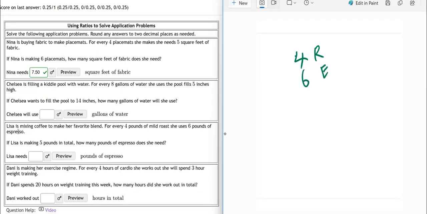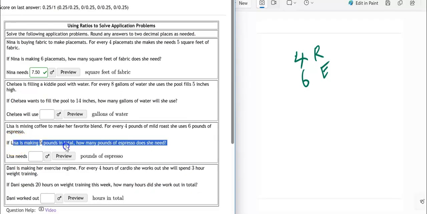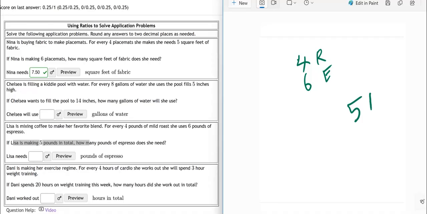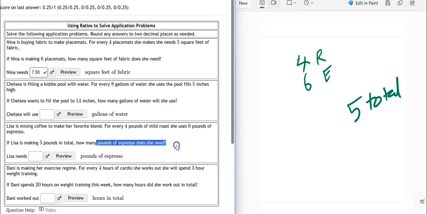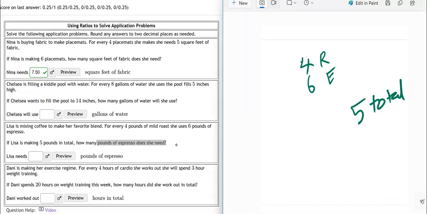R is roast and E is espresso. If she's making 5 pounds in total, the question asks how many pounds of espresso she needs. X is the number of pounds of espresso.